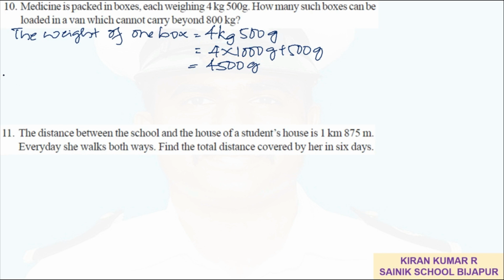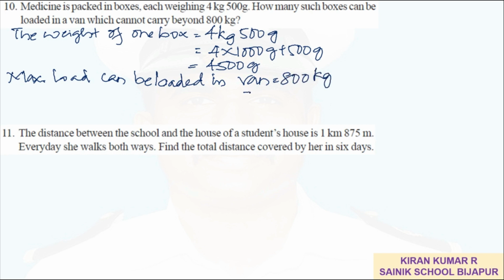Maximum load that can be loaded in the van is 800 kg. Let me convert that also in grams. It becomes 800 multiplied by 1000. So 3 zeros I need to add. So much gram.